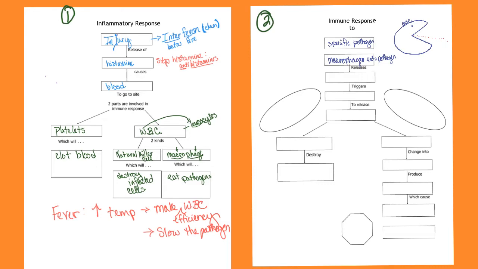And he's also a really sloppy eater, so that when he eats these little parts of whatever the pathogen is that he is eating, pathogen gets stuck to the outside of him. And these act as antigens.